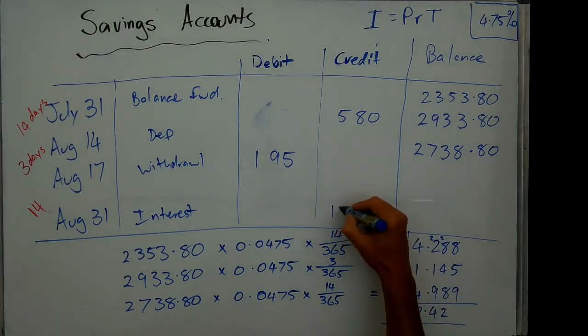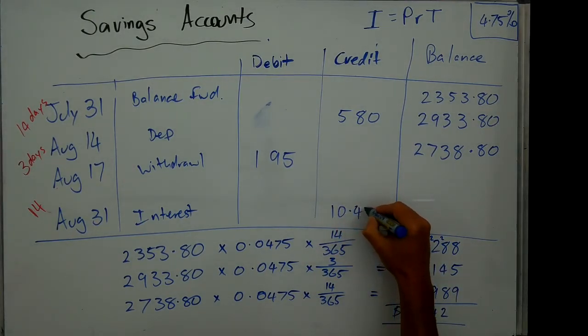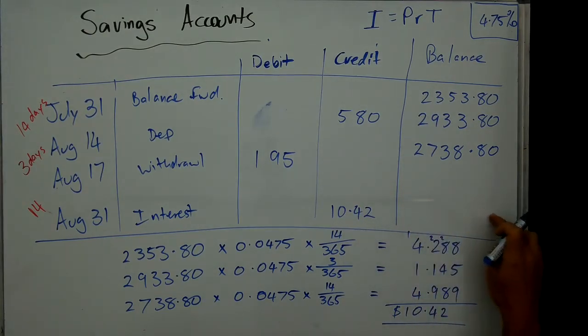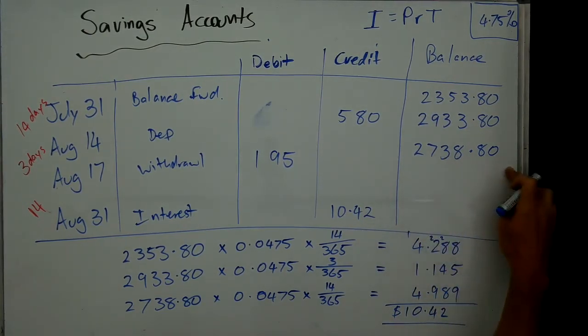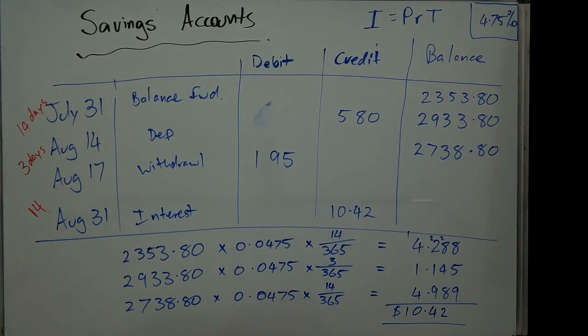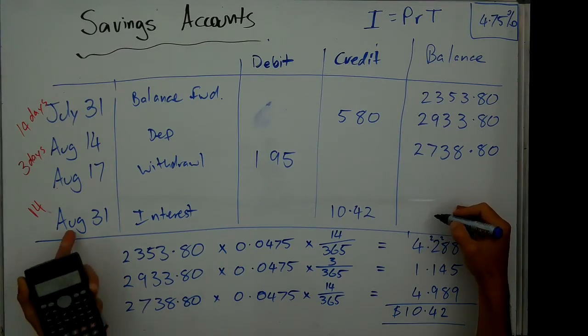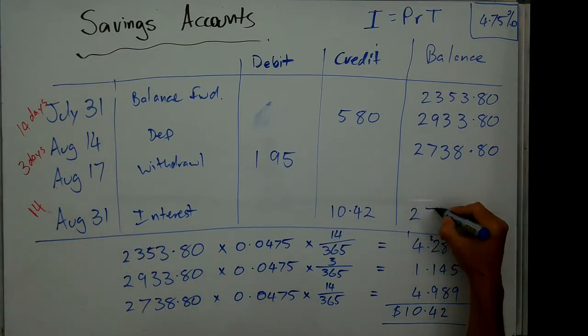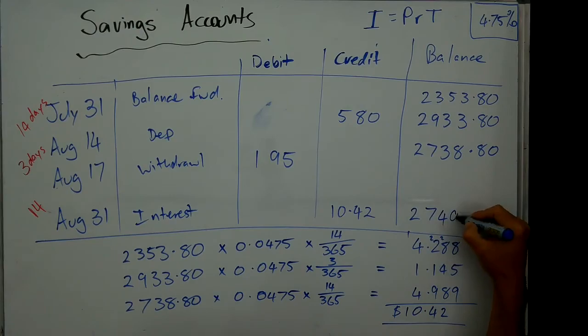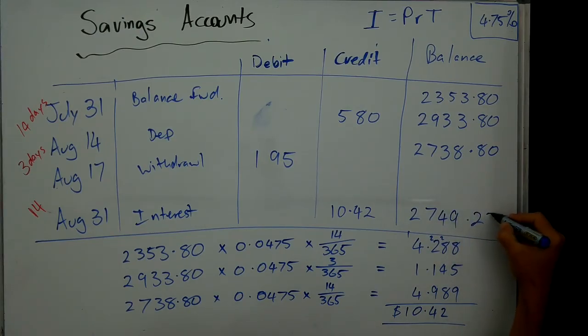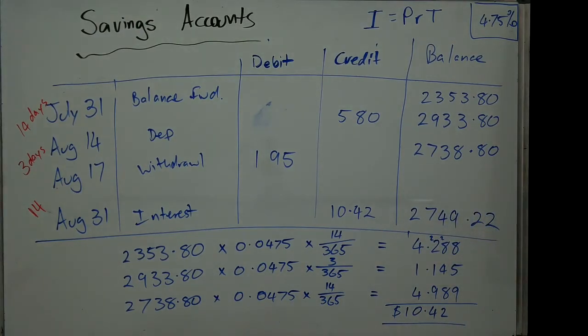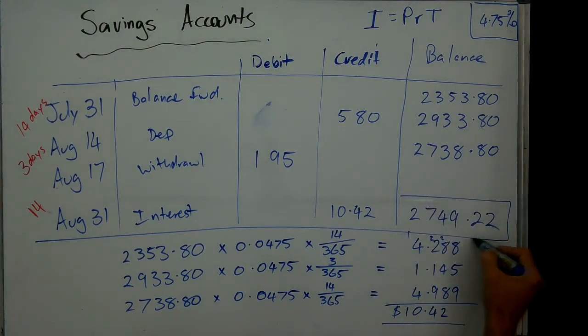That's what we're going to add here. And so we'll just add that to this balance. 2,738.80 plus $10.42. So our closing balance at the end of August is $2,749.22. And that's our final answer.